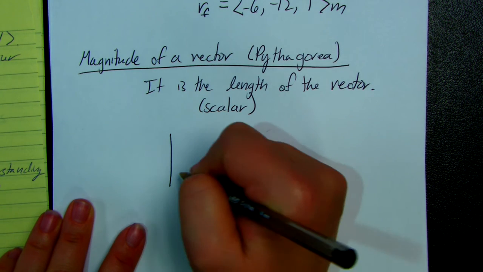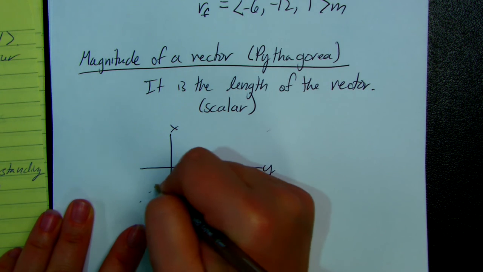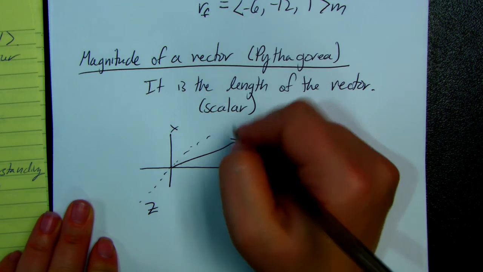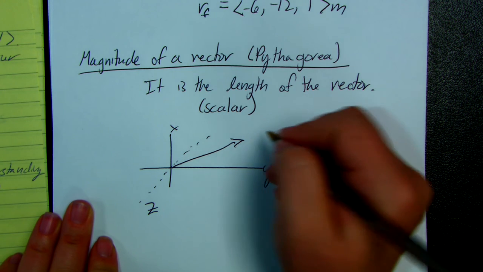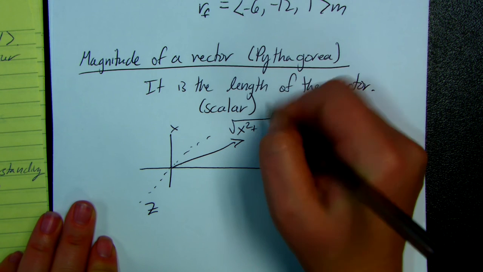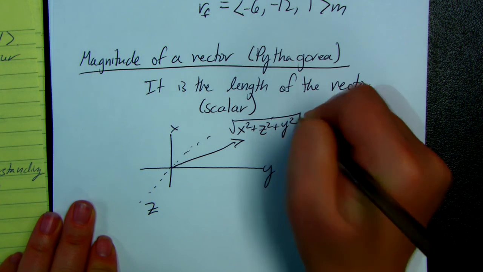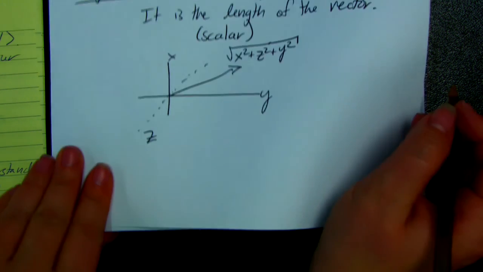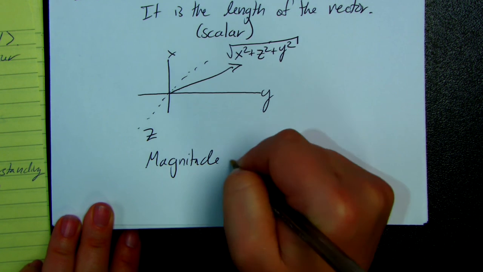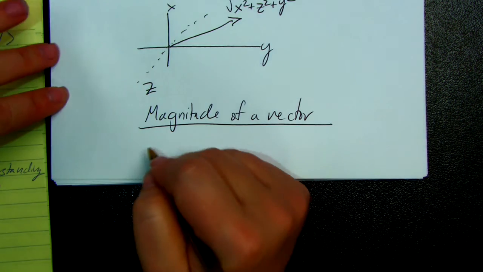If we have the x-axis and y-axis and we draw a vector here, then its length follows from the Pythagorean theorem: the square root of x squared plus y squared. So that is how the magnitude of a vector is found.